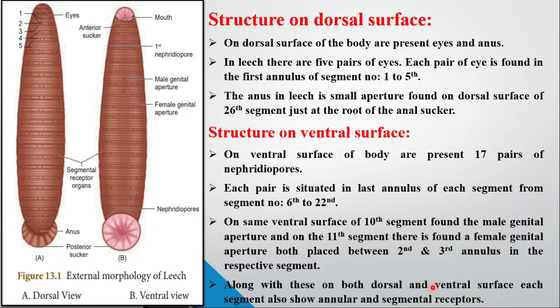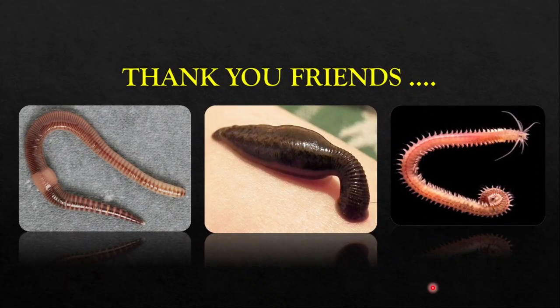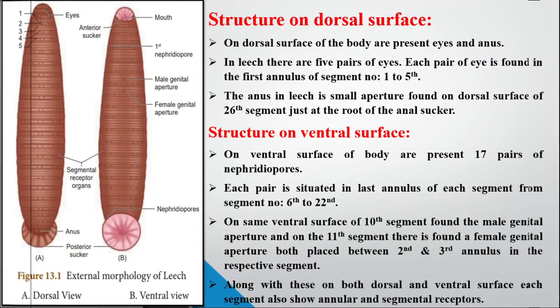Okay. Now let's see the next slide. So, friends, this is all about the external features or external structure of cattle leech, and the particular number of segment here shows the presence of an organ in the animal.